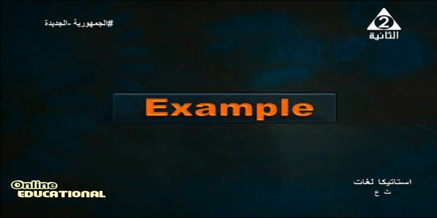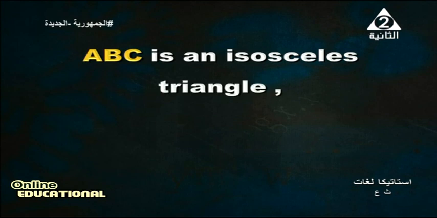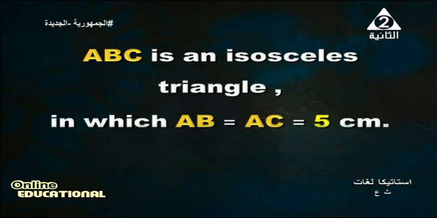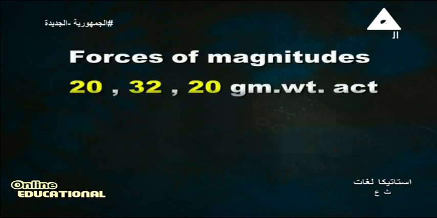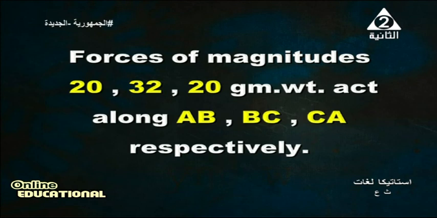Another example. ABC is an isosceles triangle in which AB equals AC equals 5 centimeter, BC equals 8 centimeter. Forces of magnitude 20, 32, 20 gram weight act along AB, BC, CA respectively.